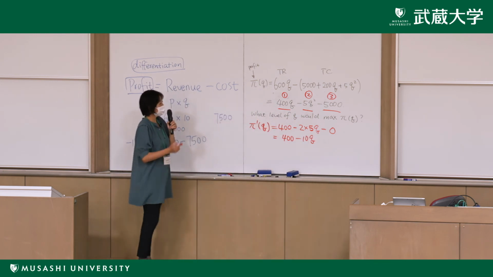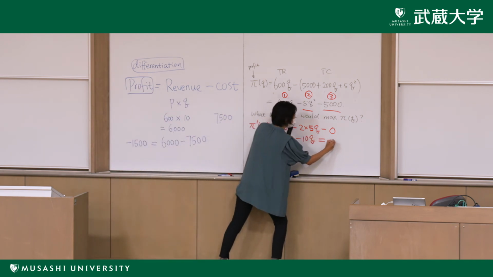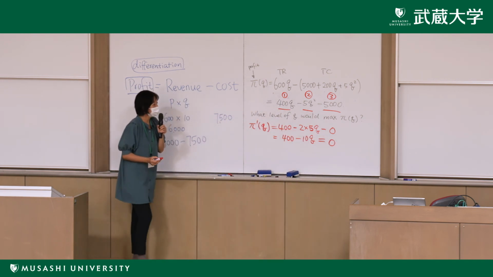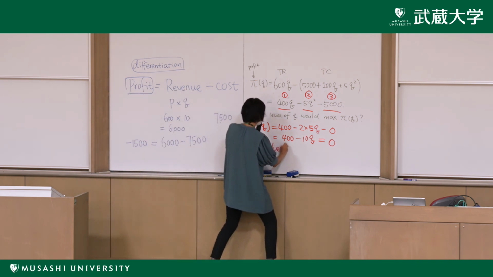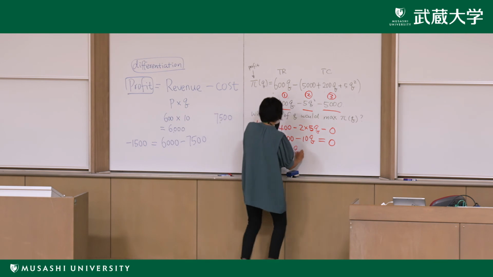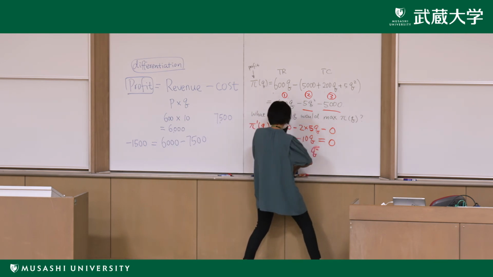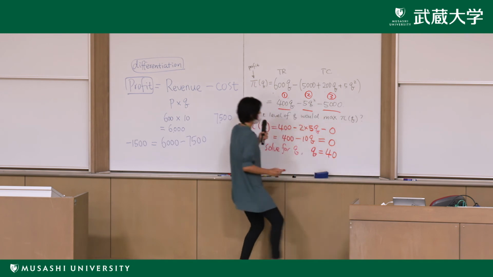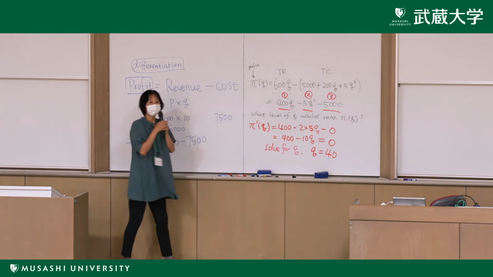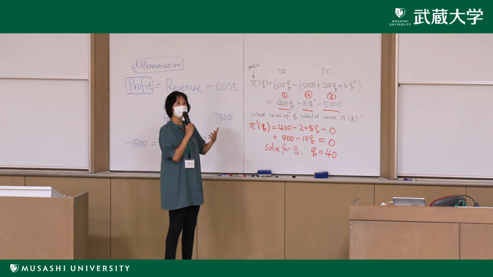And at the top of the hill, remember, we need to set this function equal to 0, and then we can solve for q. So q is going to be equal to 40, right? That's how we get the same answer as using the table.